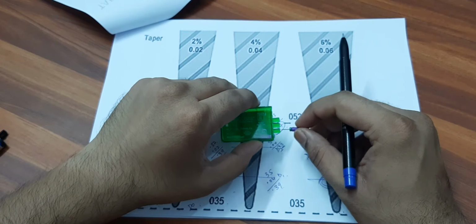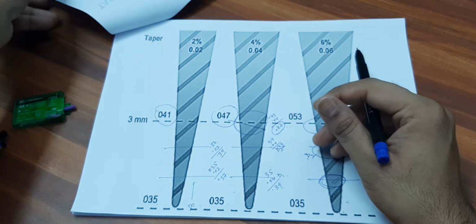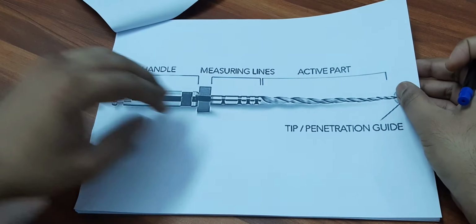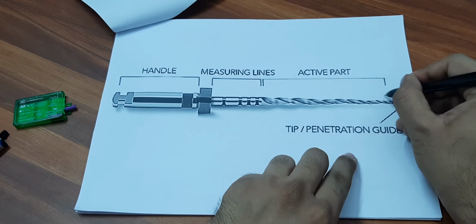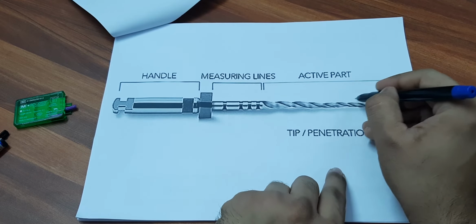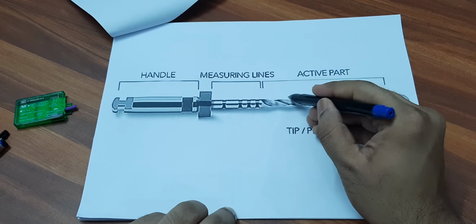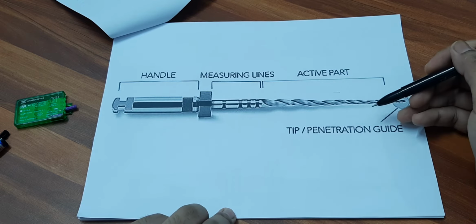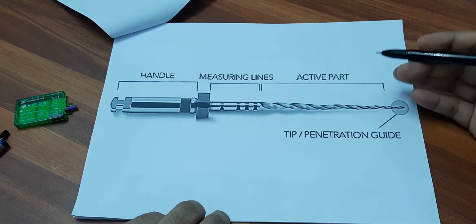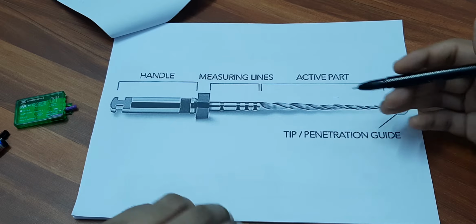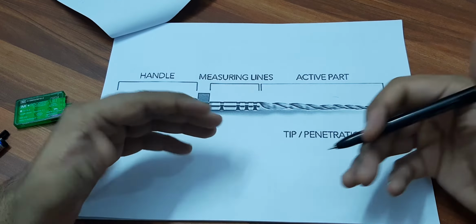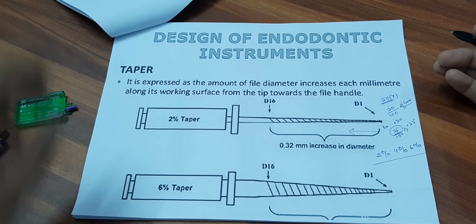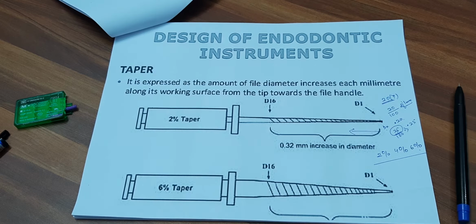In certain designs, as you see, I'll show you, this has a different taper in this area, a different taper in this area, and this area has a different taper. That is why it is called progressive taper. If you break down ProTaper, it is progressive taper. That means the variable taper is there. In certain file systems, the fixed taper system is chosen as the formulation.